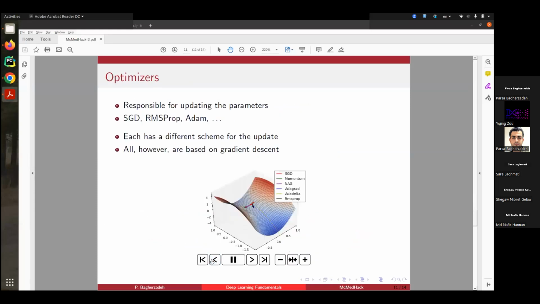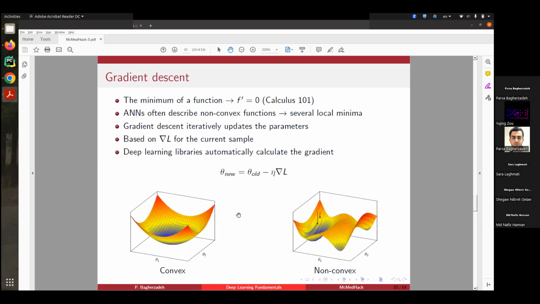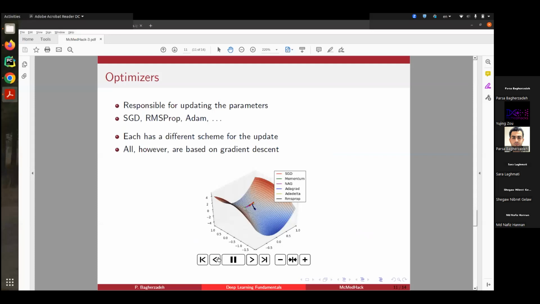So what is the next step? The next step is to actually apply this. Before, we calculated this gradient, but applying it and getting the new values for our model is commonly done by optimizers that most deep learning libraries provide.